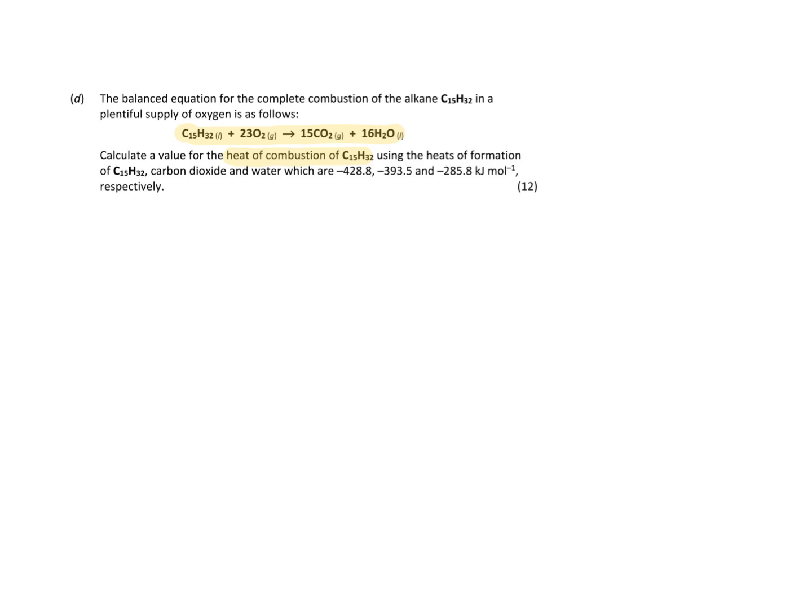Now, they also give you some information on the equations that you are going to need to complete this. It tells you to use the heat of formation of C15H32. If it's heat of formation, that means our C15H32 is going to be a product. And when you're talking about heat of formation, you're talking about the elements that make your product in their standard state.